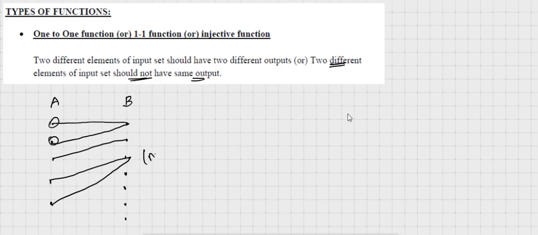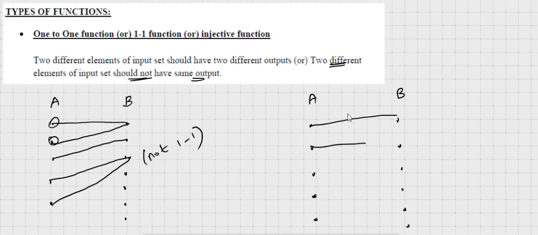Let us take it like this: A has 3 elements or 4 or 5 elements, and here I am just marking 6 elements. Now we are mapping like this. Is this a one-to-one function?